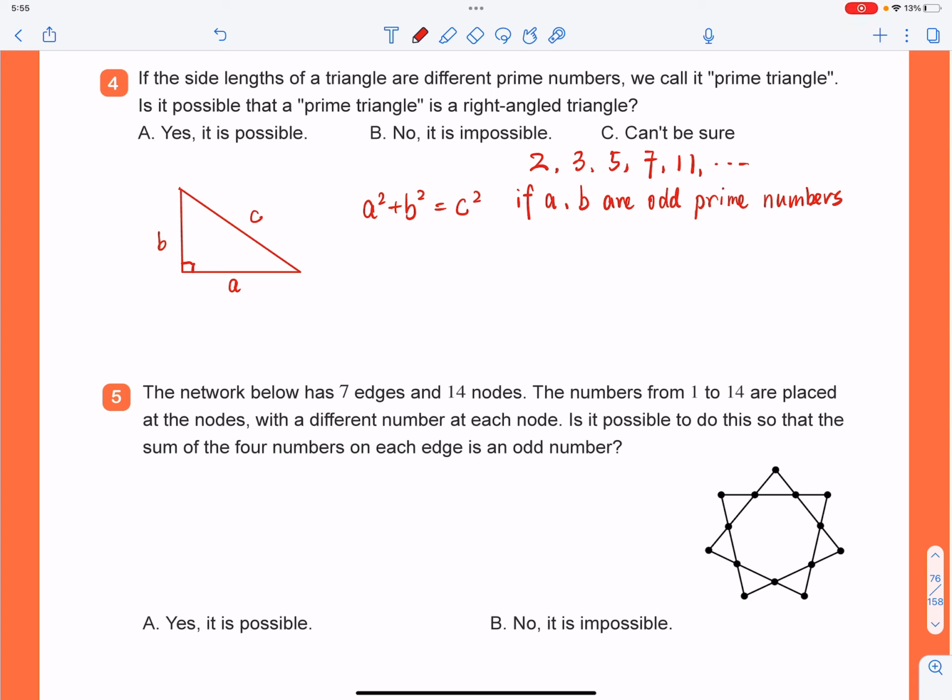For example, 3 squared is 9, also an odd number, right? So if A and B are both odd prime numbers and you square them, you're going to get two odd numbers as well. And then you add two odd numbers. That means C squared equals an even number, right? C squared is an even number.